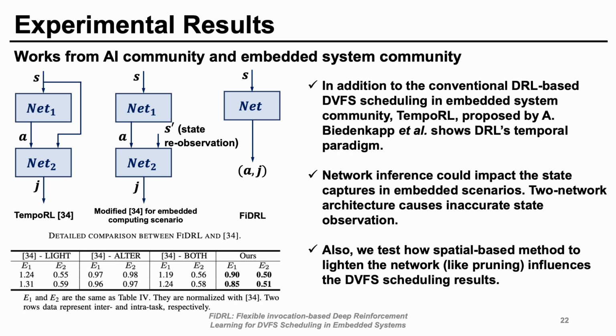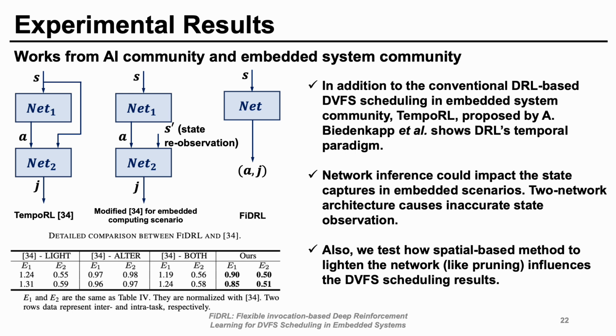So we also test two modified versions of temporal. One makes it lightweight spatially, such as using pruning, and the other makes the state reobserved before passing net 2. The result shows our FiDRL outperforms them due to their non-compact architecture and the accuracy loss that pruning causes.